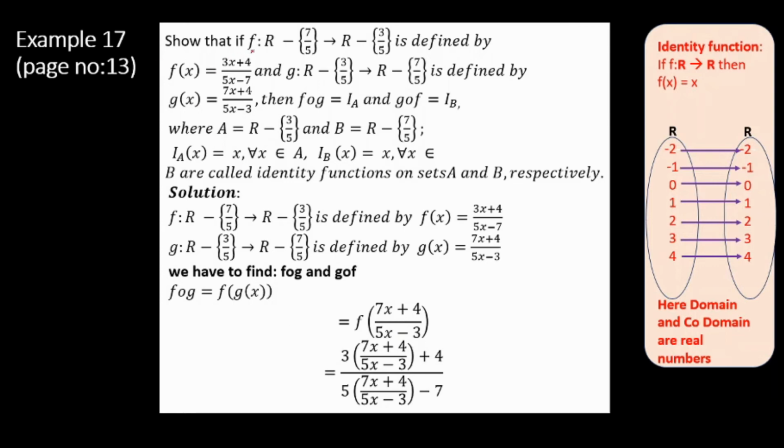Show that if function f such that R minus 7 by 5 to R minus 3 by 5 is defined by f of x is equal to (3x plus 4) by (5x minus 7), and g such that R minus 3 by 5 to R minus 7 by 5 is defined by g of x equal to (7x plus 4) by (5x minus 3), then f o g is equal to the identity function on set A and g o f is equal to the identity function on set B, where A equal to R minus 3 by 5, B equal to R minus 7 by 5.